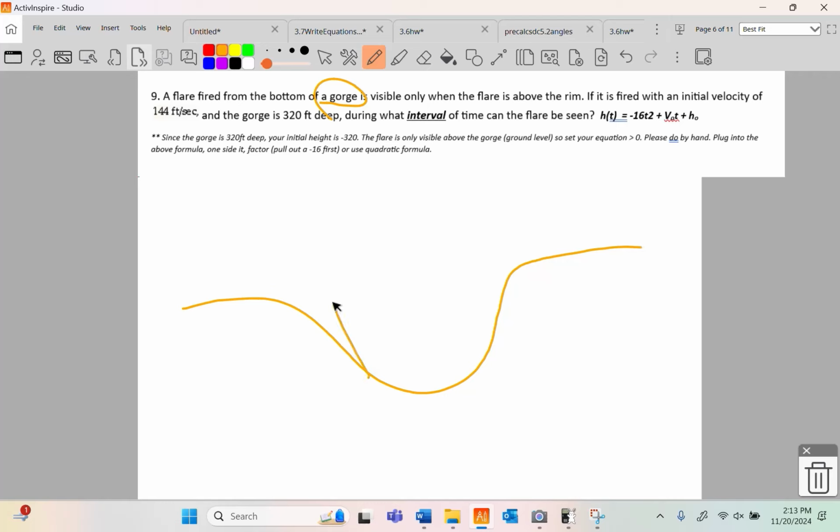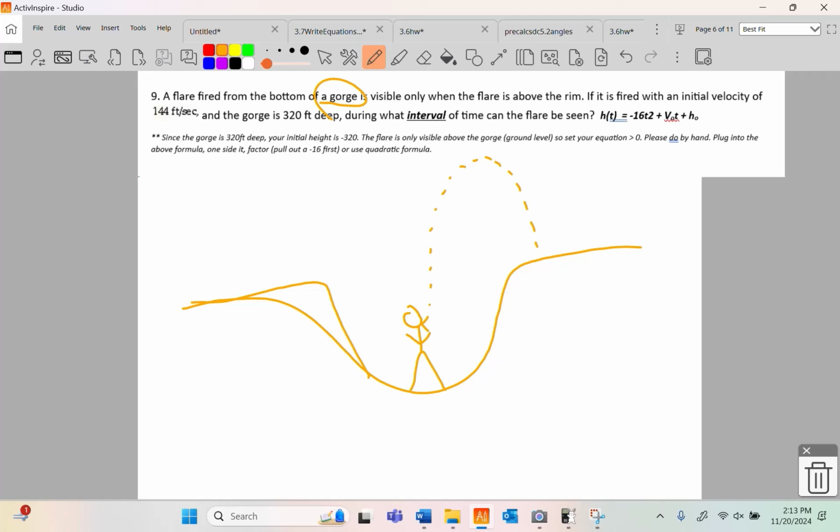Usually the sides are steep because you can't get out. You're stuck. This is going to be Johnny. Johnny is stuck in the gorge. Johnny has a flare gun. He fires the flare gun up, hoping that somebody will see him.